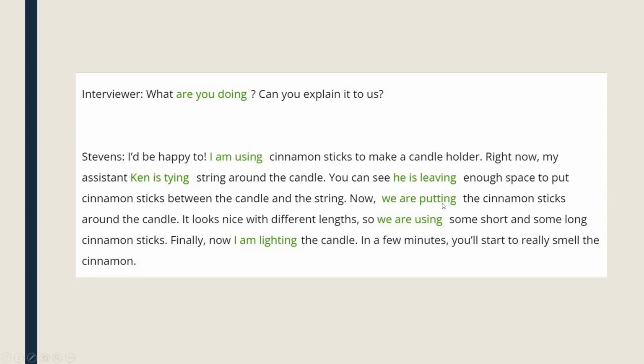Now we are putting the cinnamon sticks around the candle, okay? It looks nice with different lengths. So we are using some short and some long cinnamon sticks. Finally, now I'm lighting the candle. In a few minutes, you will start to really smell the cinnamon.